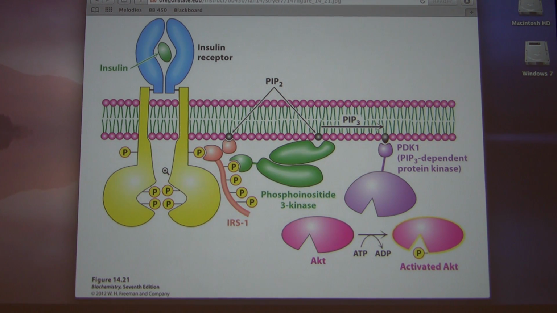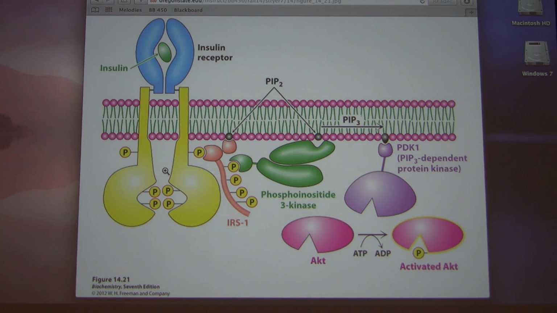This binding causes the tail of IRS1 to be brought into close proximity to the kinase activity in the beta subunit. That's how these phosphates get put onto there. So these are also phosphorylated tyrosines.